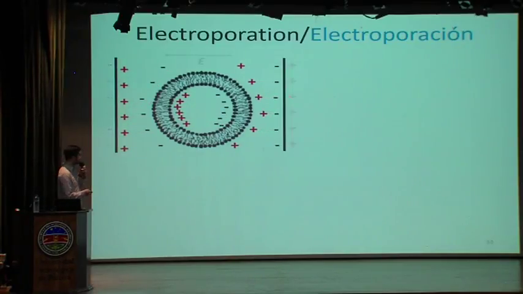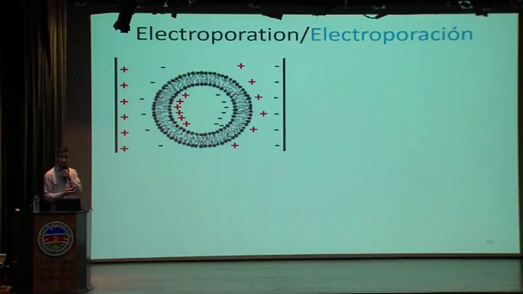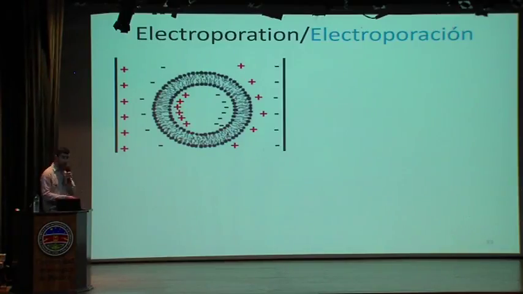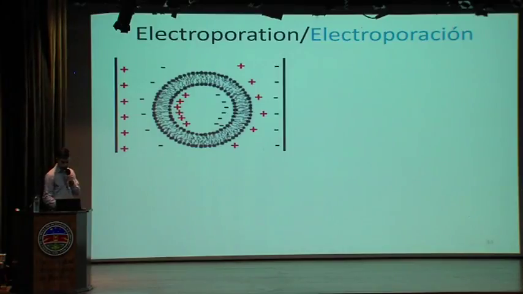So that creates a very strong electric field, and the charges inside of the cell, in response to the electric field, will reposition themselves, and they create this kind of distribution. Notice here we have lots of positive charges on the inside and lots of negative charges on the outside. You have the opposite over here.